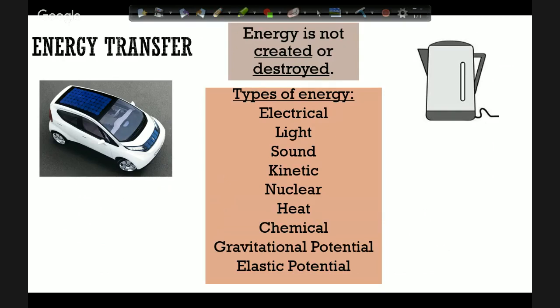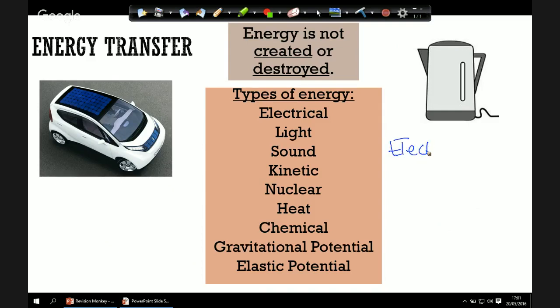So first of all, it's really important to know that energy cannot be created or destroyed. You can't make it, you can't destroy it, you can only transfer it from one type of energy to the other. For example, in a kettle, you may have electrical energy which is then transferred to heat energy.